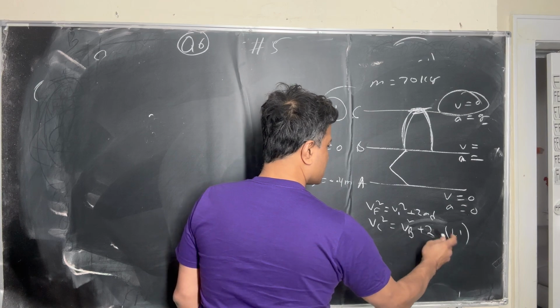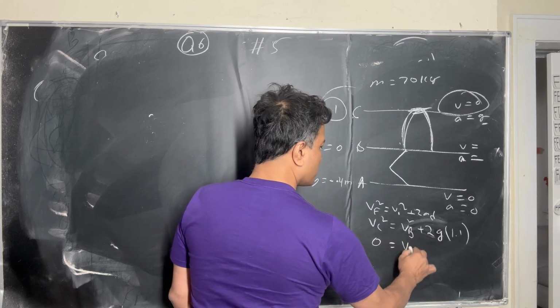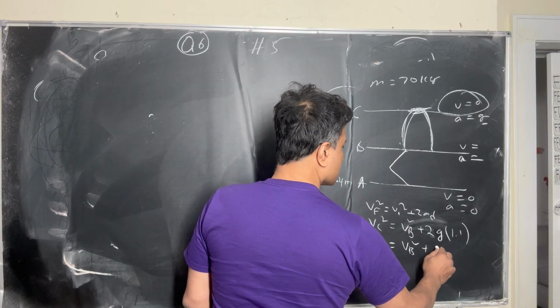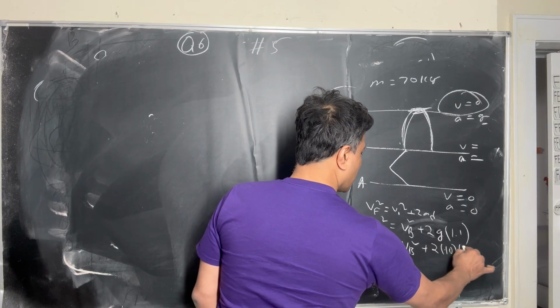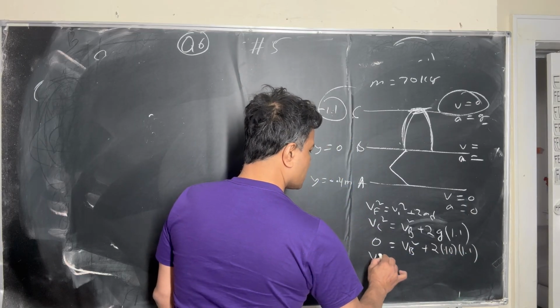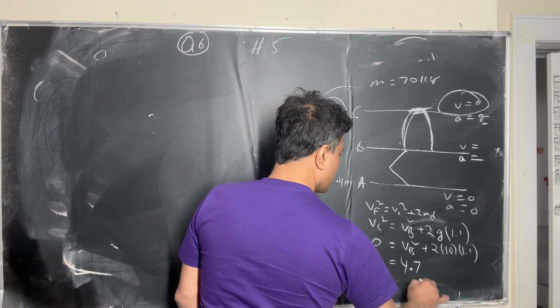Okay, and this is g because he is in free fall from B to C. This is 0. vb squared we are trying to find. This is 2, rather negative 10, 1.1. So velocity at location B is 4.7.